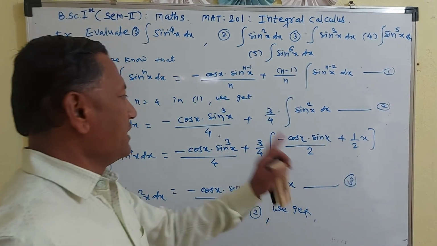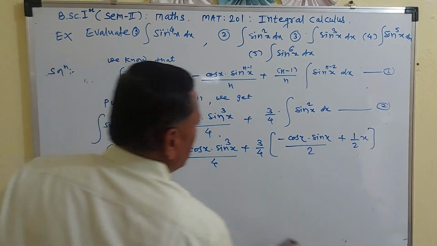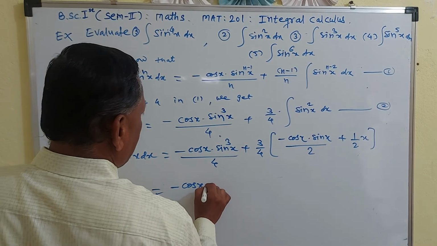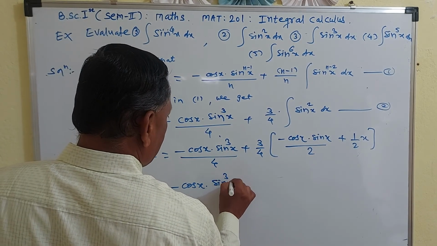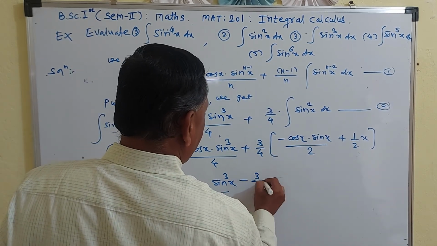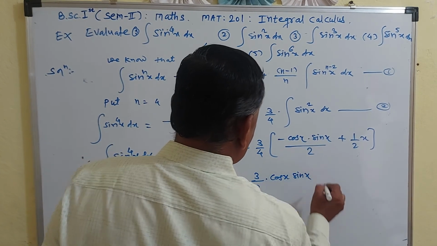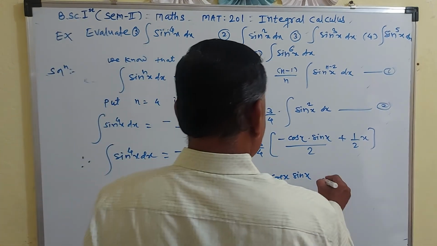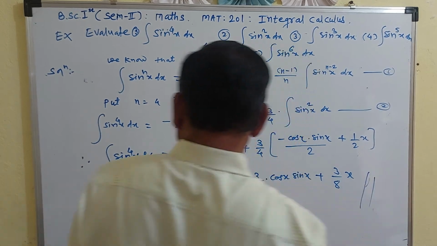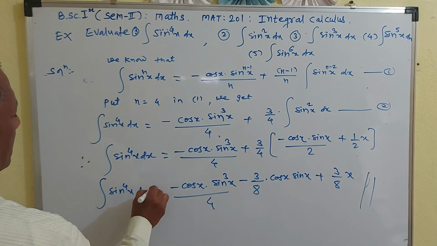Then you simplify this. So it is equal to minus cos x into sin cube x upon 4, then minus 3 upon 8 into sin x into cos x, then plus 3 upon 8 into x. So this is the integration of sin^4 x dx.